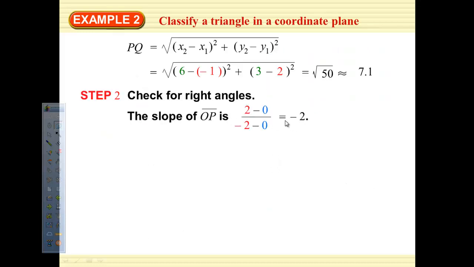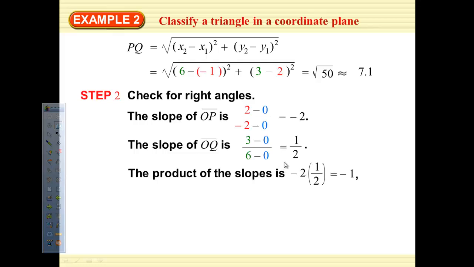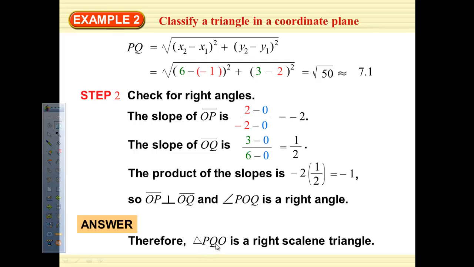So OP has a slope of -2, and OQ has a slope of 1/2. If you notice, these are opposite reciprocals of each other, so therefore they form a right angle, and so since those are perpendicular, POQ is a right angle, and we have a right triangle there. So in this case, triangle PQO is a right scalene triangle.